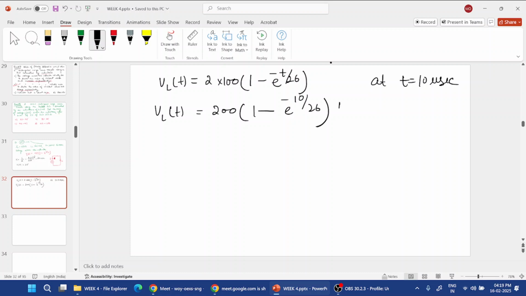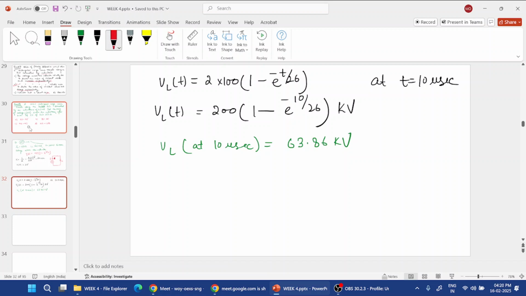Using the calculator, VL at 10 microseconds comes out to be 63.86 kV.